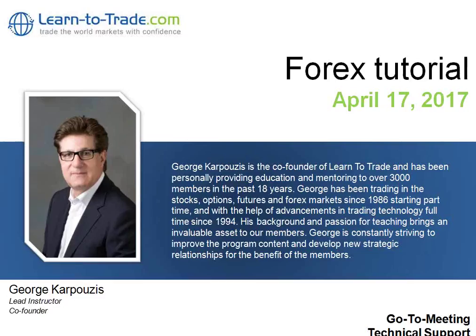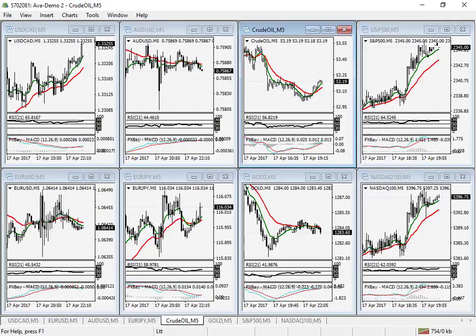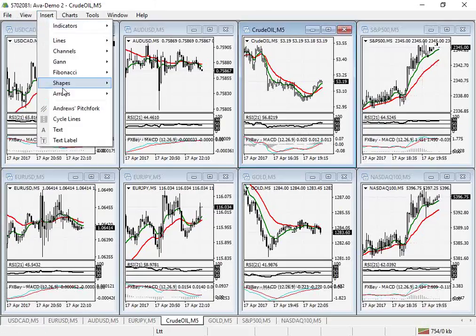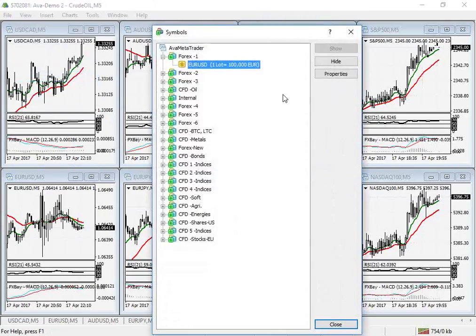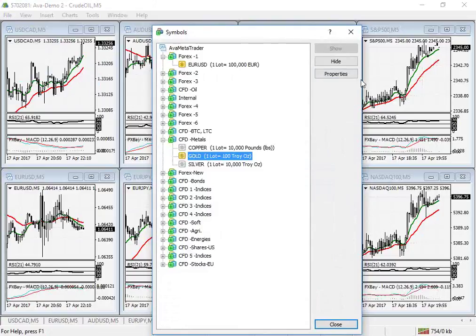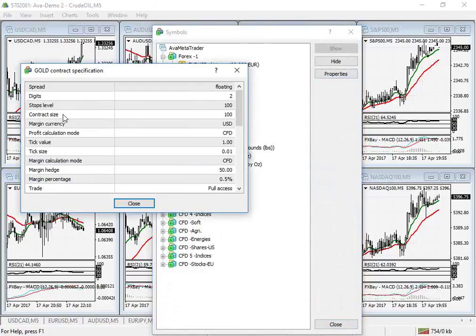Yeah, I can address that question. Okay, so symbol list is where you find the product. So if I take any product, let's take gold for example. Gold, click on it, properties, one contract.